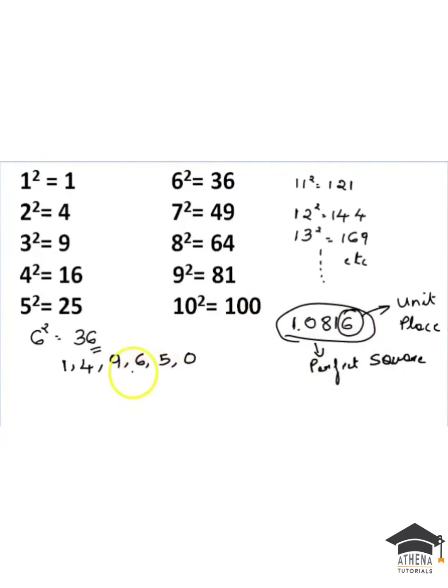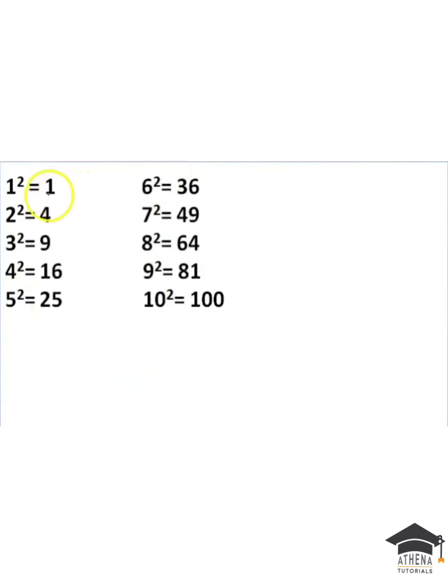Okay, how I got this? Just observe carefully. 1 square ends with 1, 2 square ends with 4, 3 square ends with 9, and 4 square is 16 and it ends with 6. 5 square is 25 and it ends with 5, and it repeats. 6 square ends with 6, 7 square ends with 9, 8 square ends with 4, 9 square ends with 1, and 10 square ends with 0.